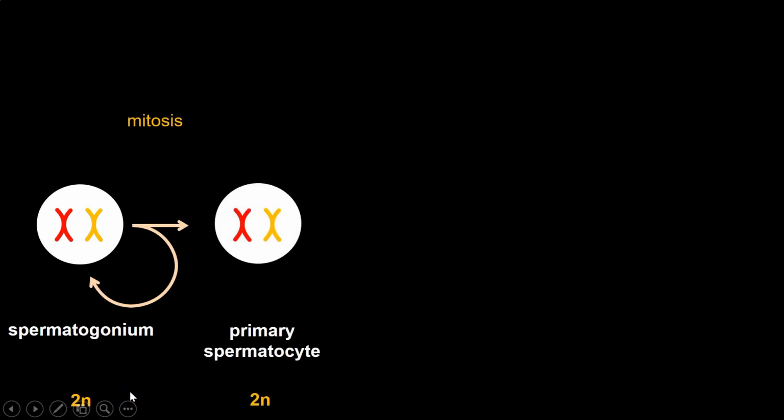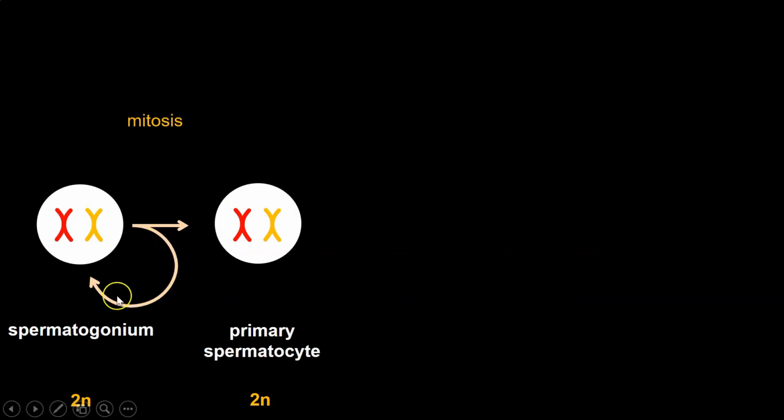And the first step in creating sperm from spermatogonia is mitosis, not meiosis. Remember, meiosis is a part of this process, but only one. And you'll see there are 2 arrows. The first arrow shows that the spermatogonia are divided by mitosis and create one primary spermatocyte, which is still diploid.